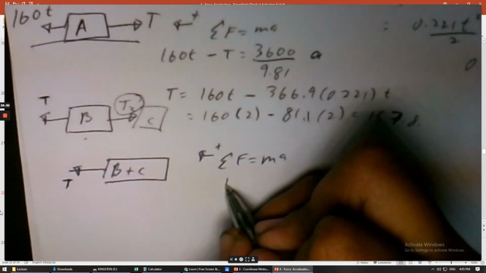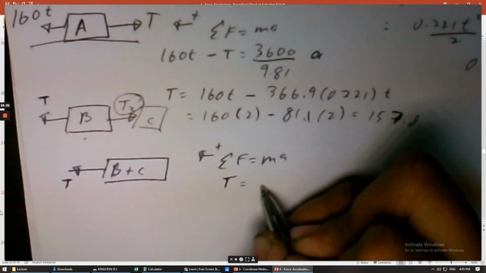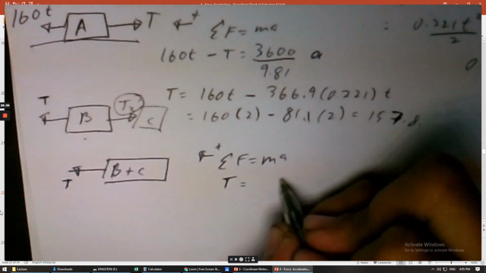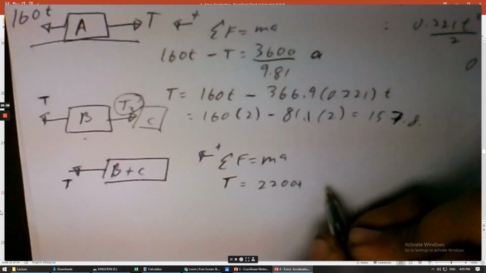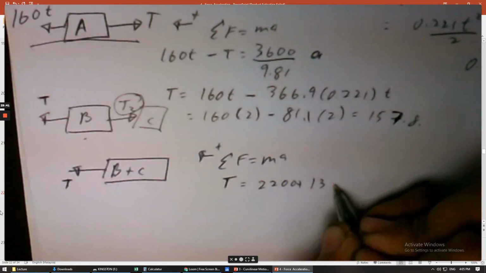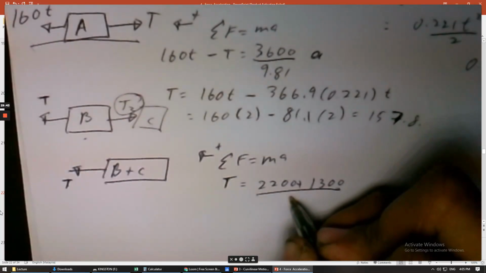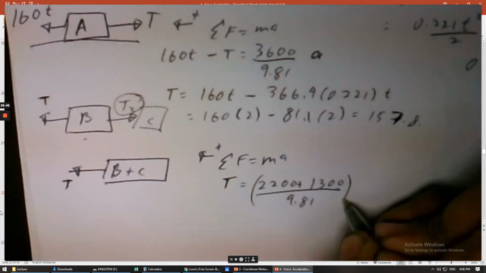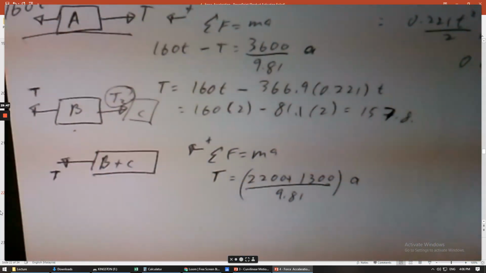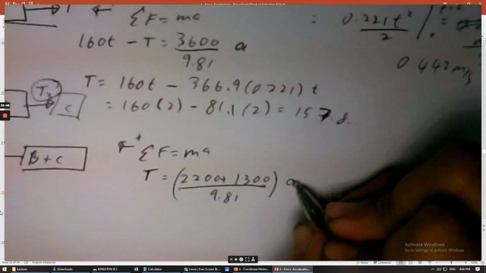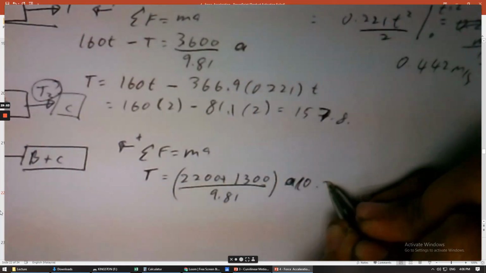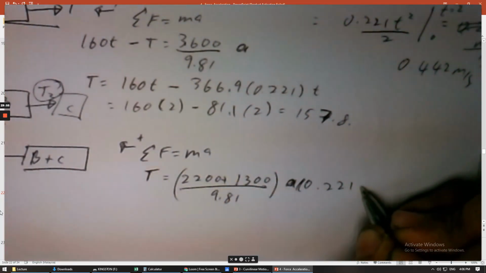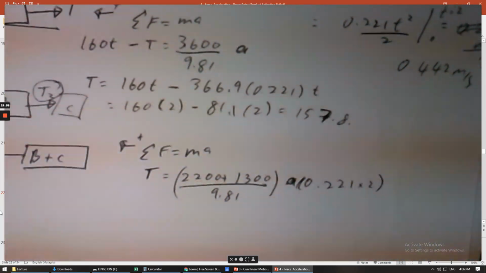So F, which is T, equals M. M in this case is 2200 plus 1300 divided by 9.81, times A. A is 0.221 times 2.